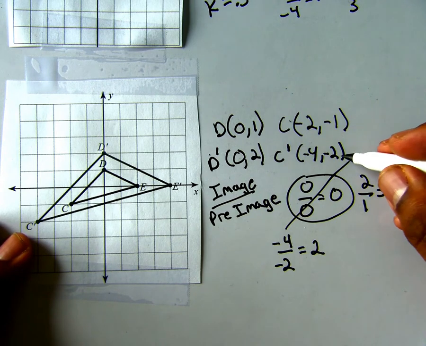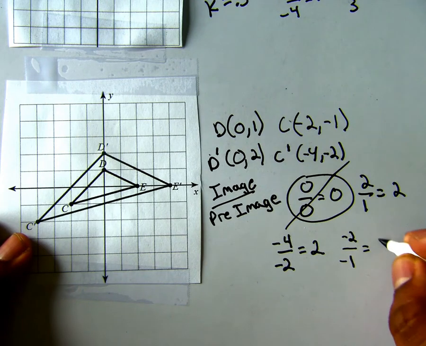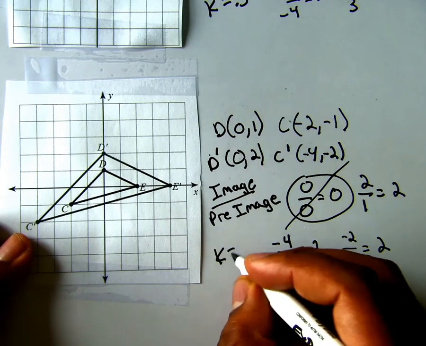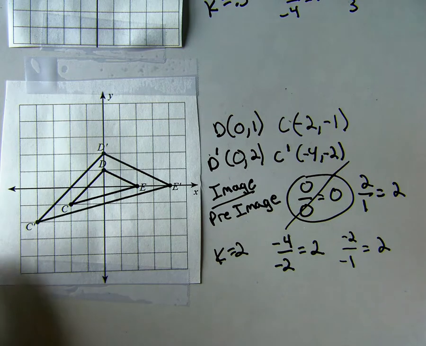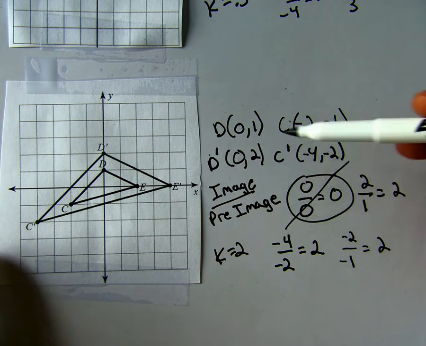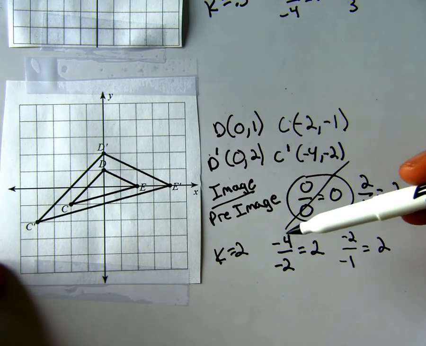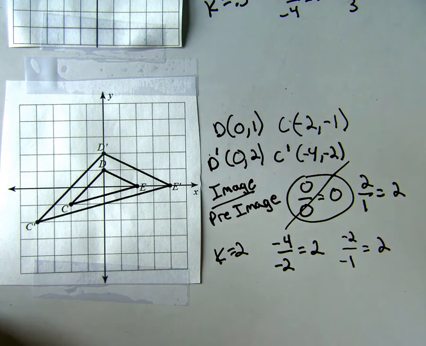Next, we take the -2 divided by -1, and that equals 2. So our scale factor is going to be 2. That's how you take the coordinates of a shape and find the scale factor. Remember, you want to start with the image and divide it by the pre-image.